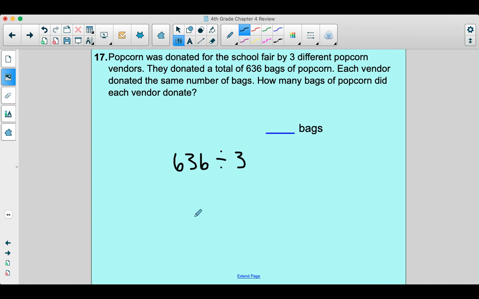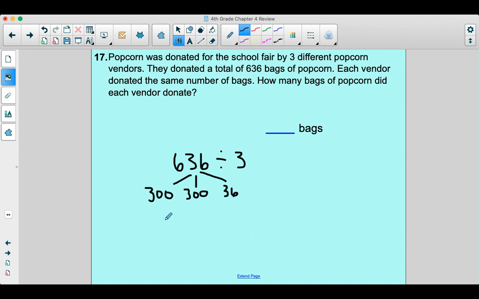So what would that look like? I'm thinking I could do 300 and then another 300. Remember, it's just a number bond. So if I do a 300 and a 300, I've used up 600, and now I just have 36 left to go, and I'm just going to do that because that's a basic fact.